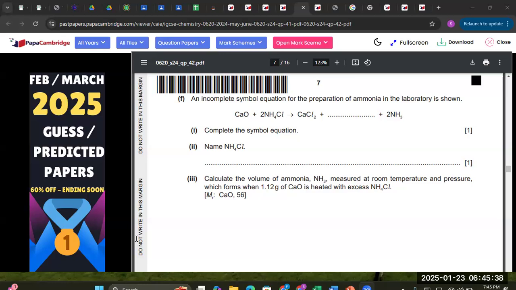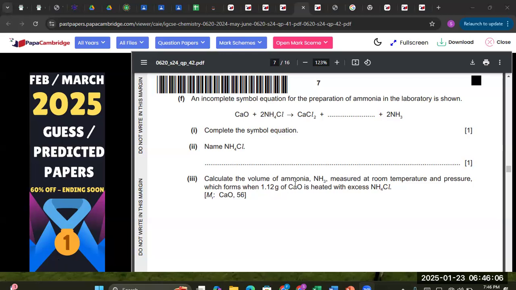Calcium oxide. Yes. So you start with the moles of calcium oxide. That's step number one. The moles of calcium oxide would be 0.02.